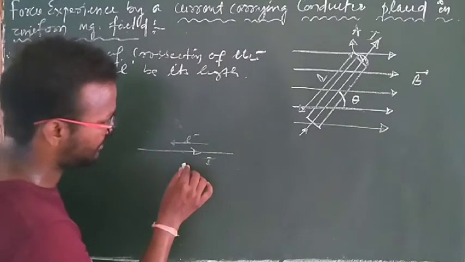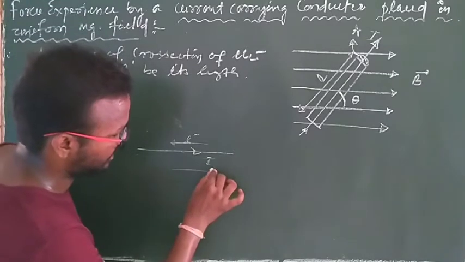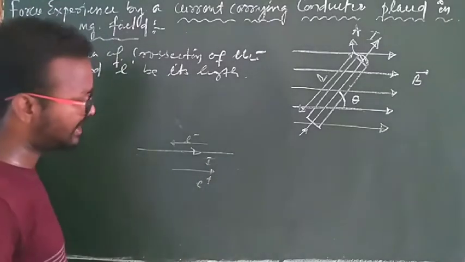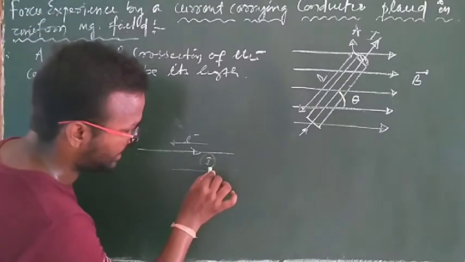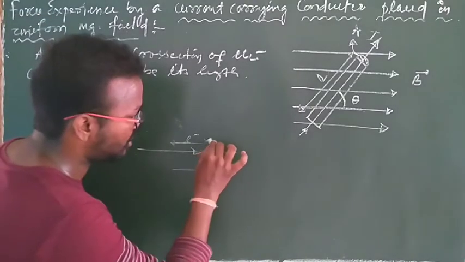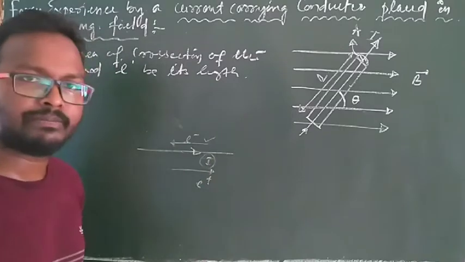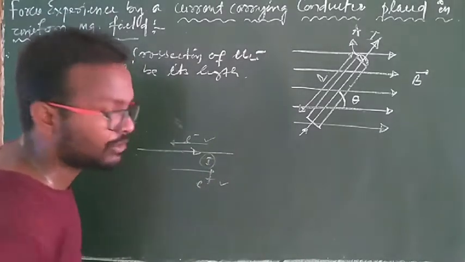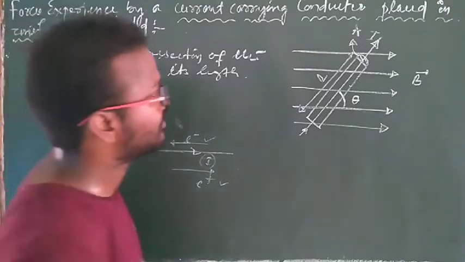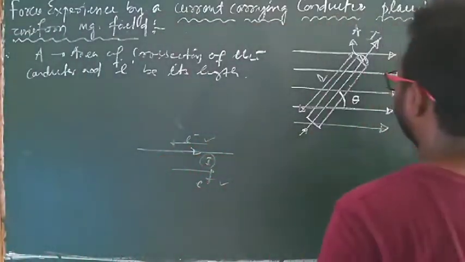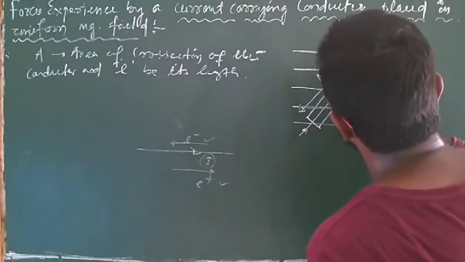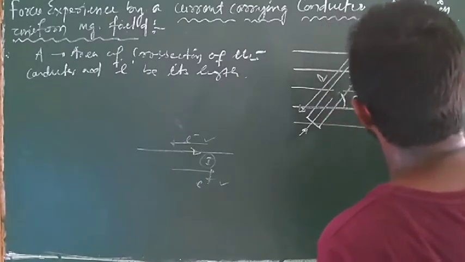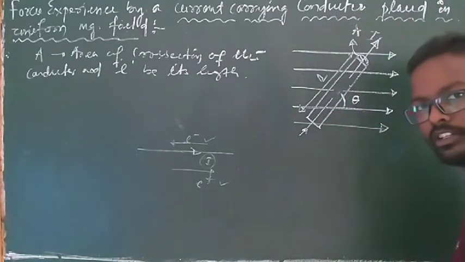If we take a positive charge, then the direction of current is equal to the direction of the positive charge particle. Clear? So due to this current I, suppose the conductor consists of n number of free electrons.